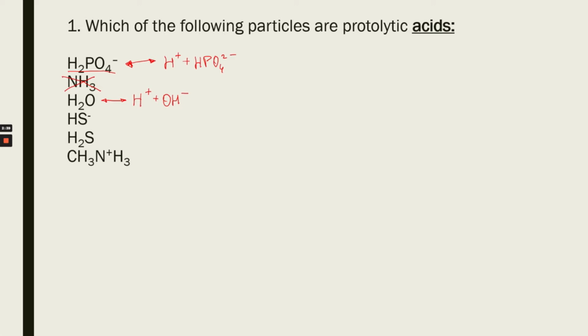HS minus is also a protolytic acid, giving H plus and S 2 minus, and H2S can also be a protolytic acid, giving H plus and HS minus.